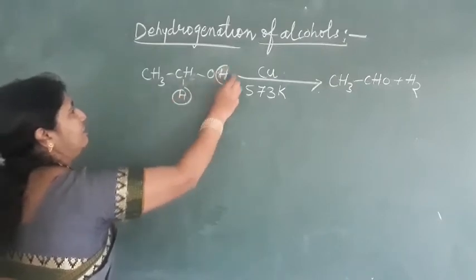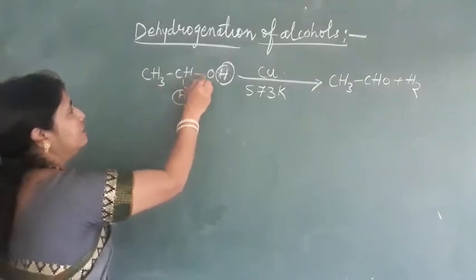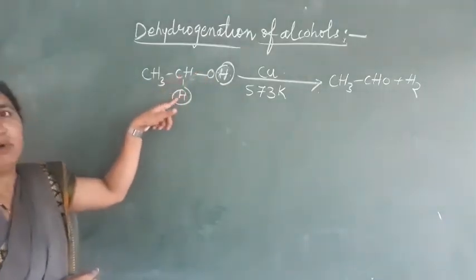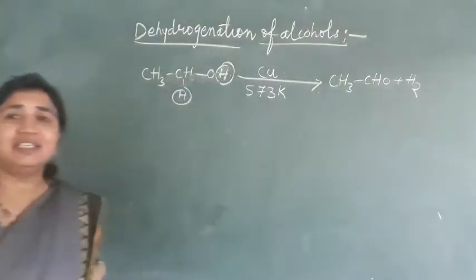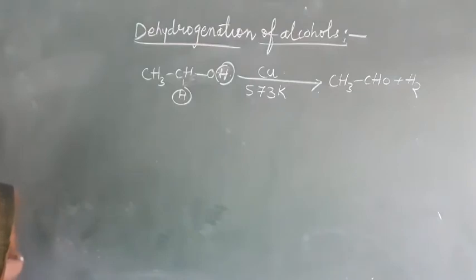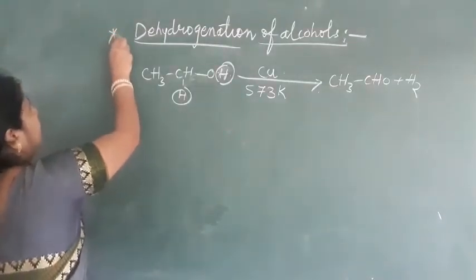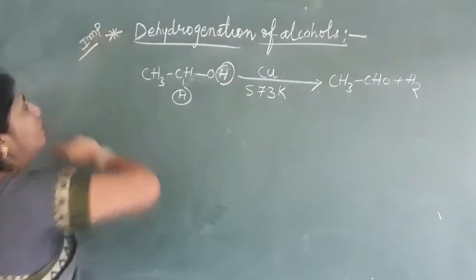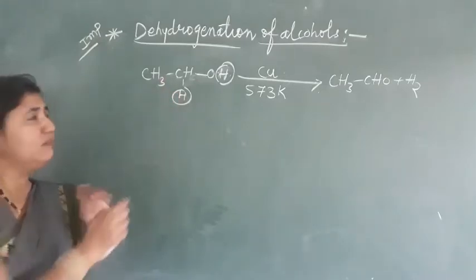So the oxygen-hydrogen bond you have to break, and the carbon-hydrogen bond you have to break, plus H2 hydrogen gas is released, that's why it is called dehydrogenation. This is a very important reaction, for theory and also for competitive exams. For oxidation of alcohol, these three reactions are very important.